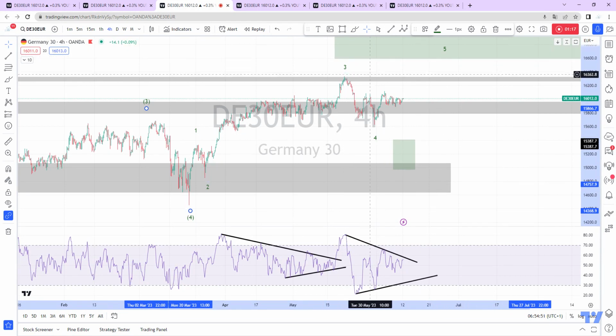The reason I expect more upside is this strong push here in RSI. Normally, your wave 5 does not end so strong.